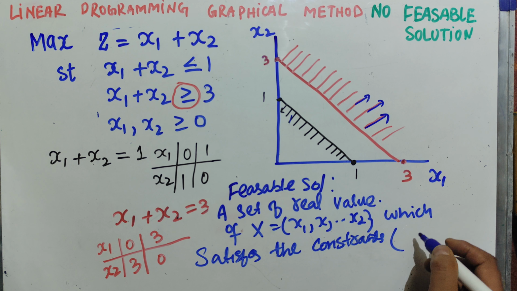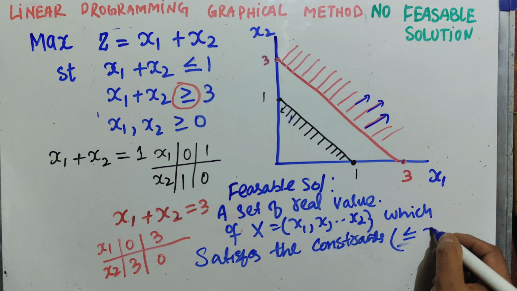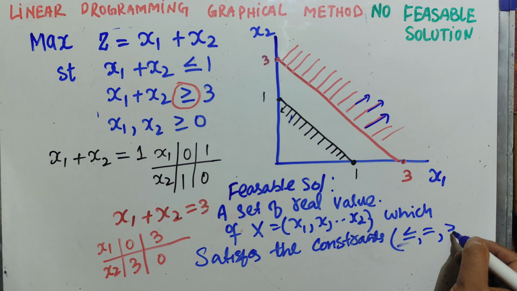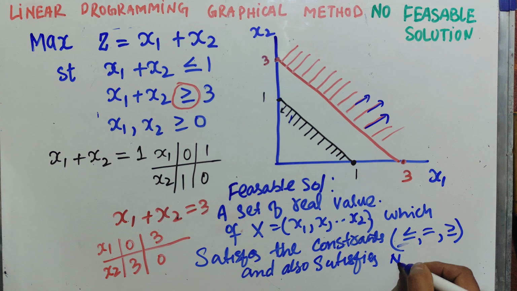Constraints can be less or equal to, or equal to, or greater or equal to, and also satisfies non-negative restrictions, that is x1 comma x2 so on xn, they should be greater or equal to 0.